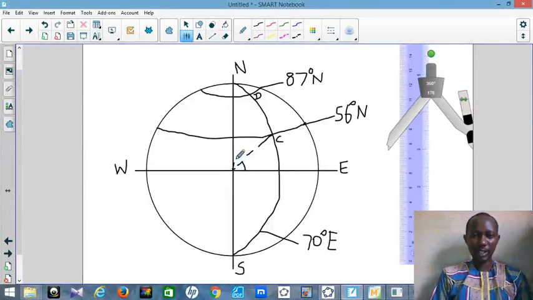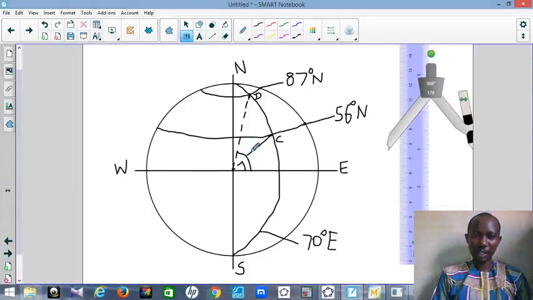Also from 0 like this to point D, just make it neat on your paper. This full angle is your 87. So if 87 is this full angle, 56 is this full angle.